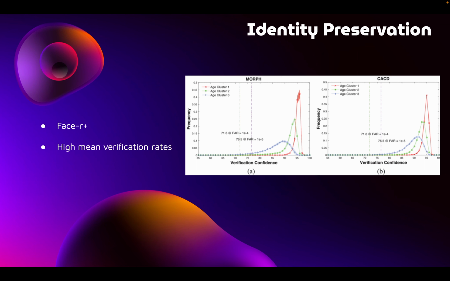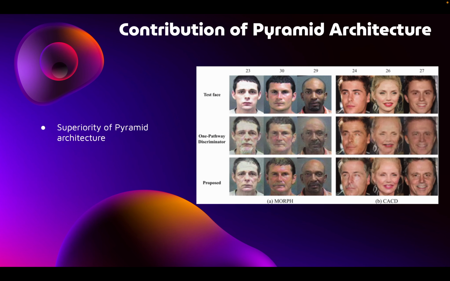However, verification performance decreases with increased time between images. This result shows that visual fidelity and quantitative estimations indicate superiority of the pyramid architecture over a one-way discriminator.